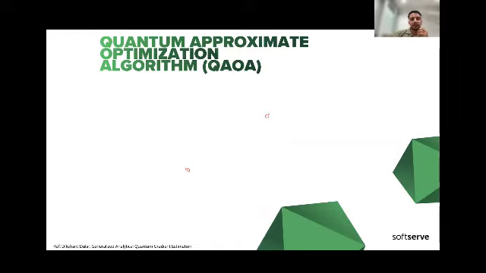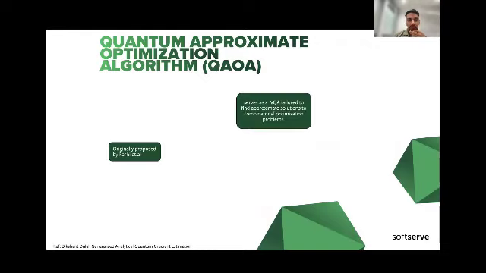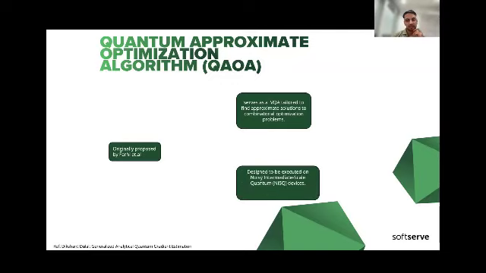So the idea of QAOA, which was proposed by two people, Farhi and I think Goldstone, is that it serves as a variational algorithm tailored to find approximate solutions to combinatorial optimization problems. Why is this a variational algorithm? I'll talk about this. It is designed to be executed on near-term devices.